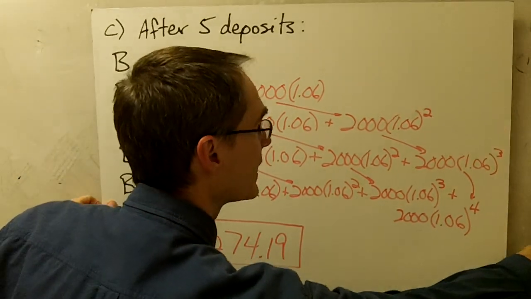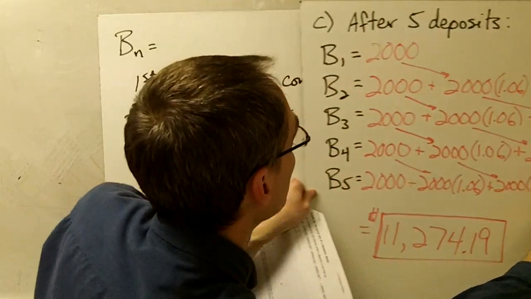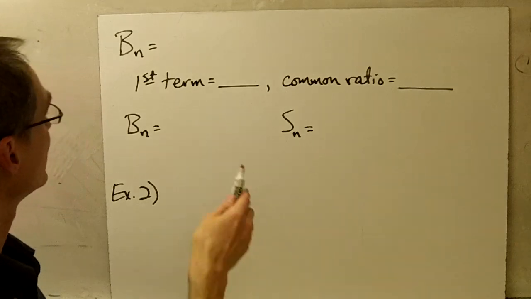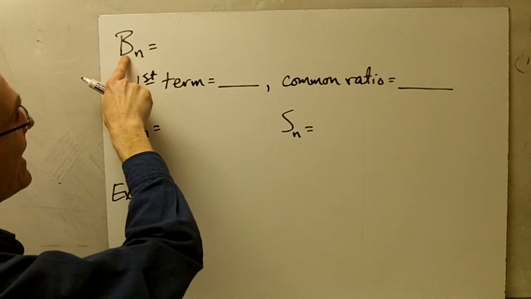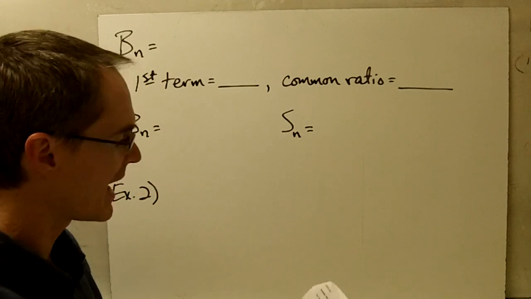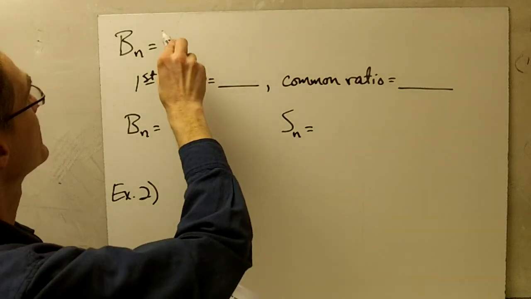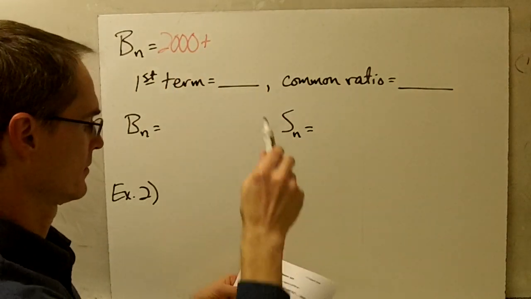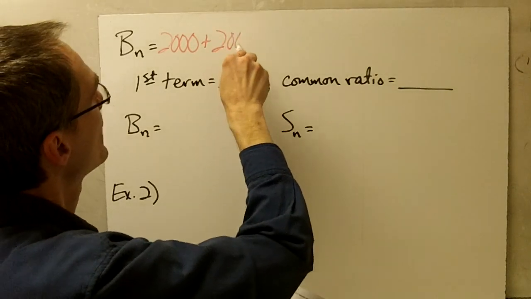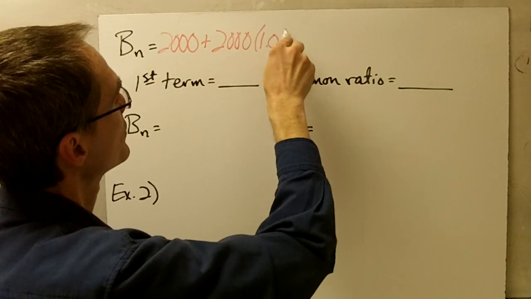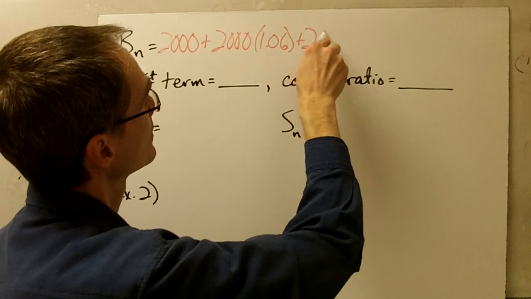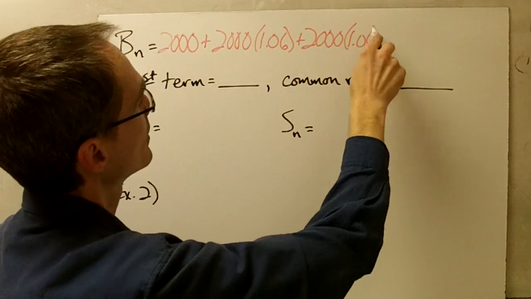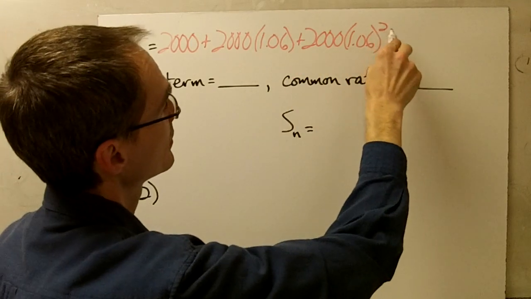So what my formula is going to look like, the balance in my account after n deposits is going to look something like this. $2,000 plus 2,000 times 1.06 plus 2,000 times 1.06 squared.